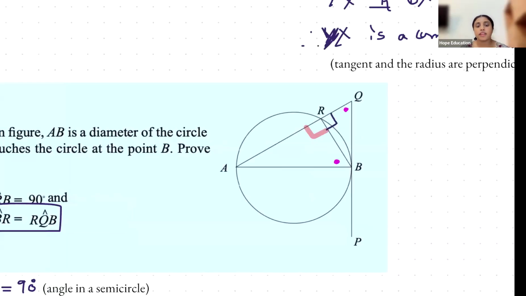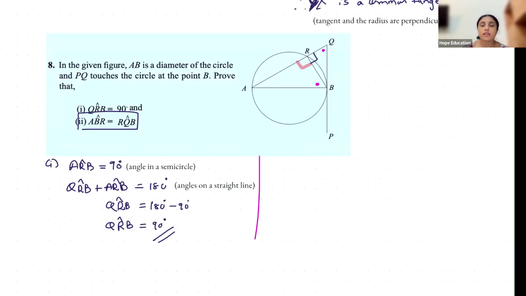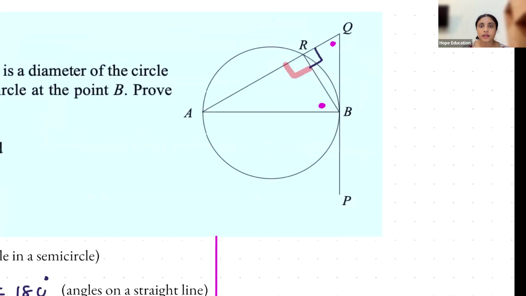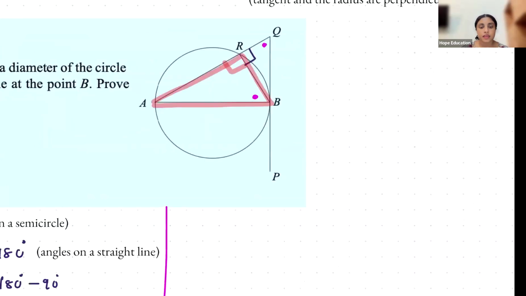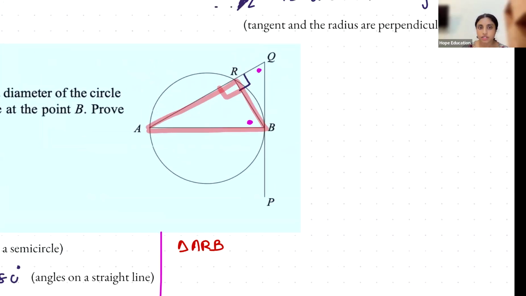Now, whatever we know, we will first start by writing that. Here, if you take the triangle ARB, okay. Before that, now you know QP is a tangent.